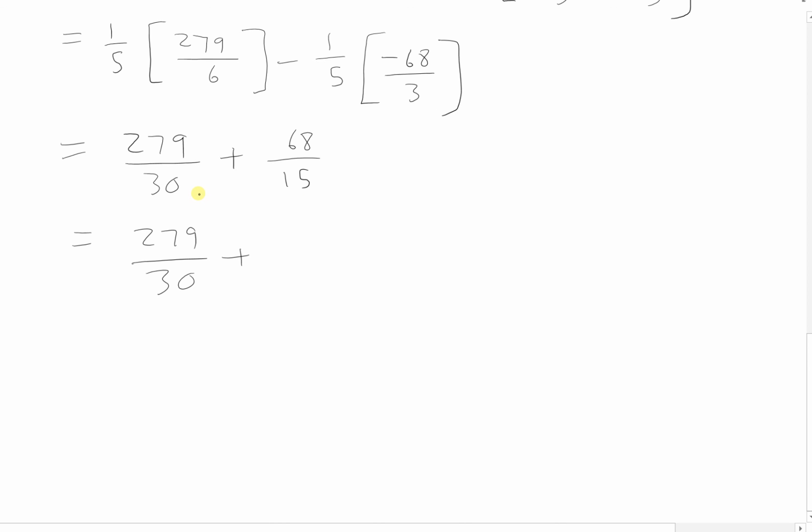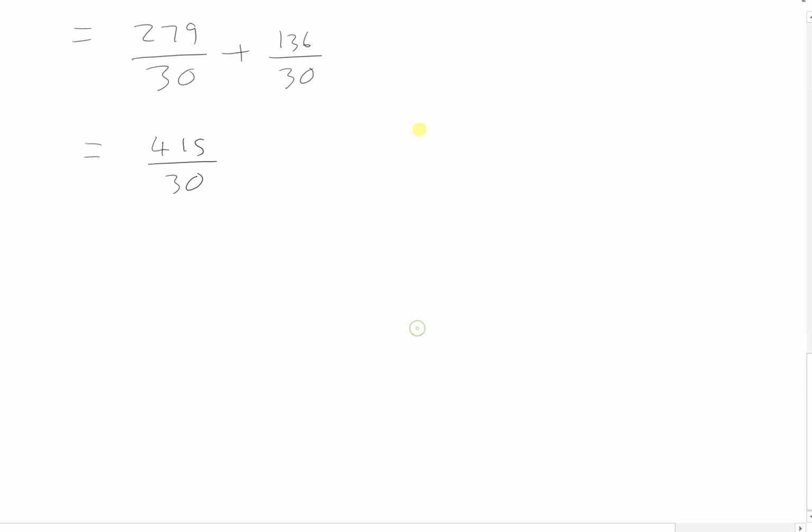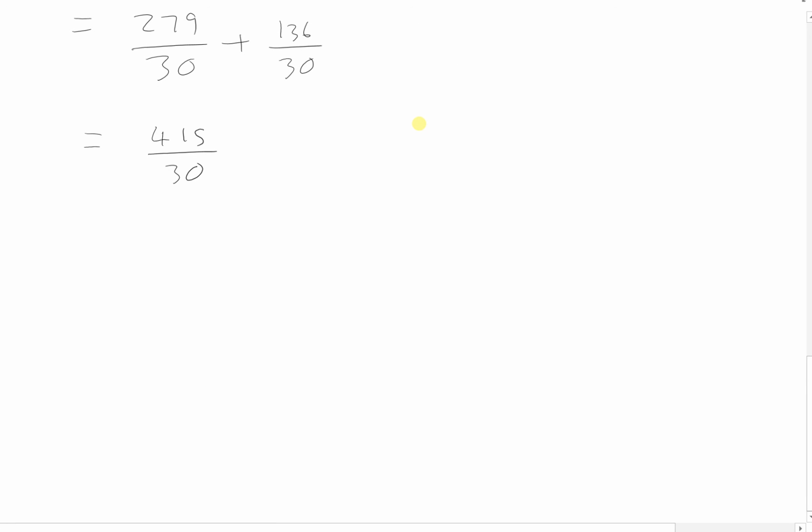Basically 68 times 2 is 136 over 30, and then 279 plus 136 is 415 over 30, which, if we divide it by 15, will work. So 415 over 30 is the same thing as 83 over 6, and that would be our final answer for our average value.